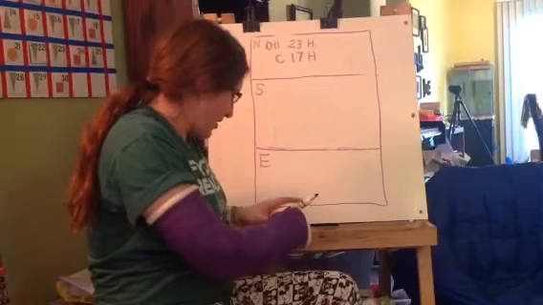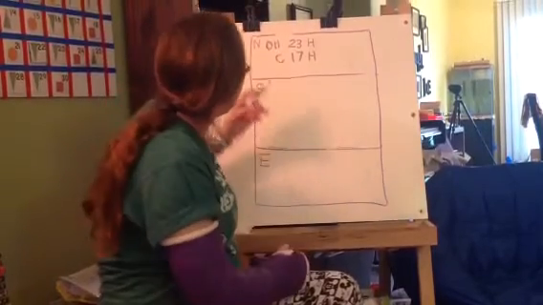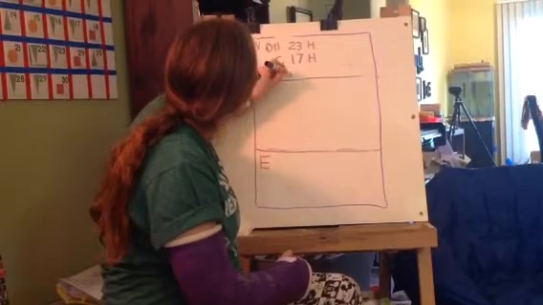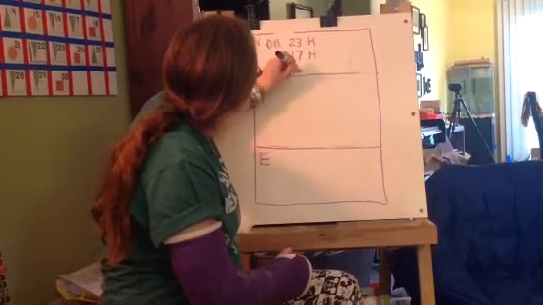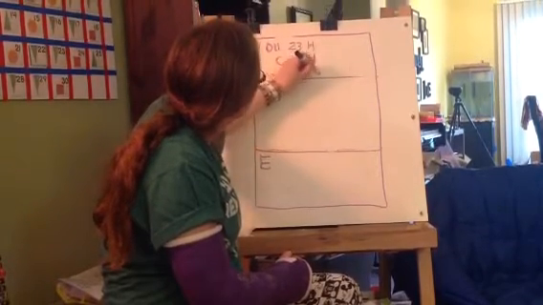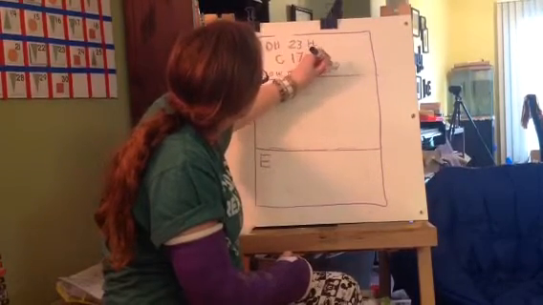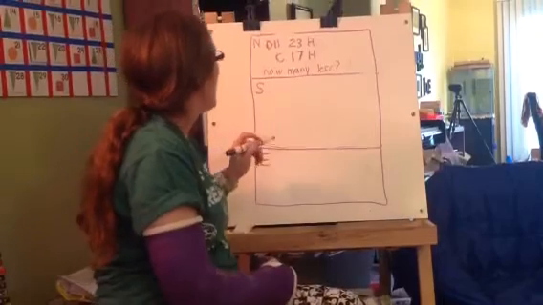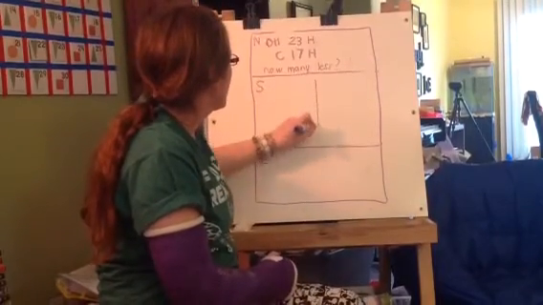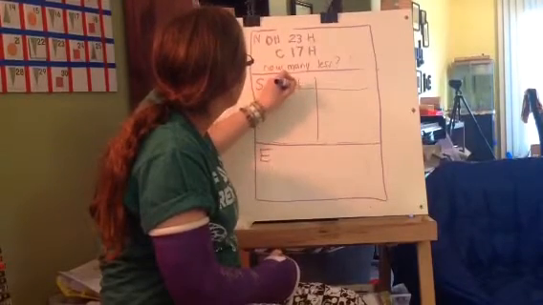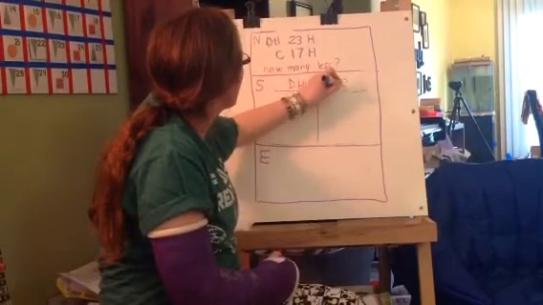And now I want to know, how many less does Cameron have? So I'm going to be comparing. So I'm going to put Dylan H here, and I'm going to put Cameron here.